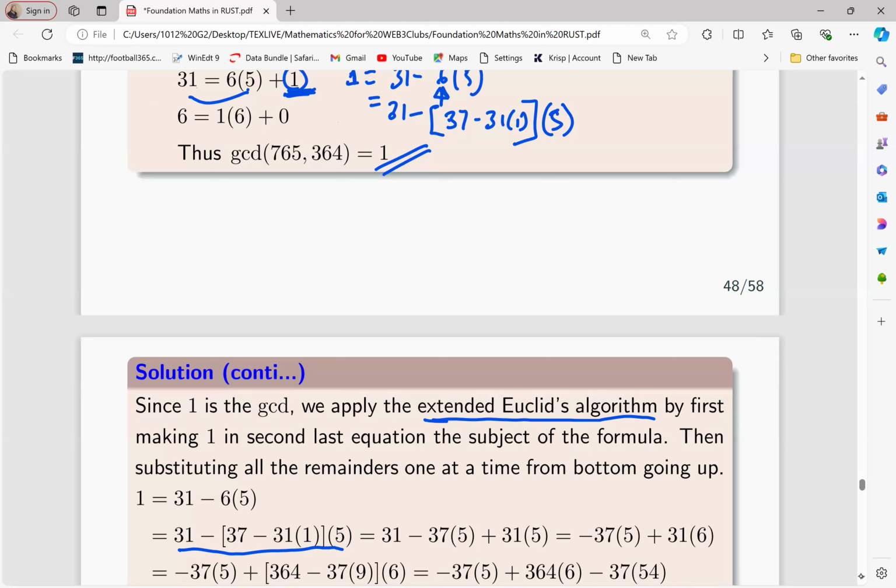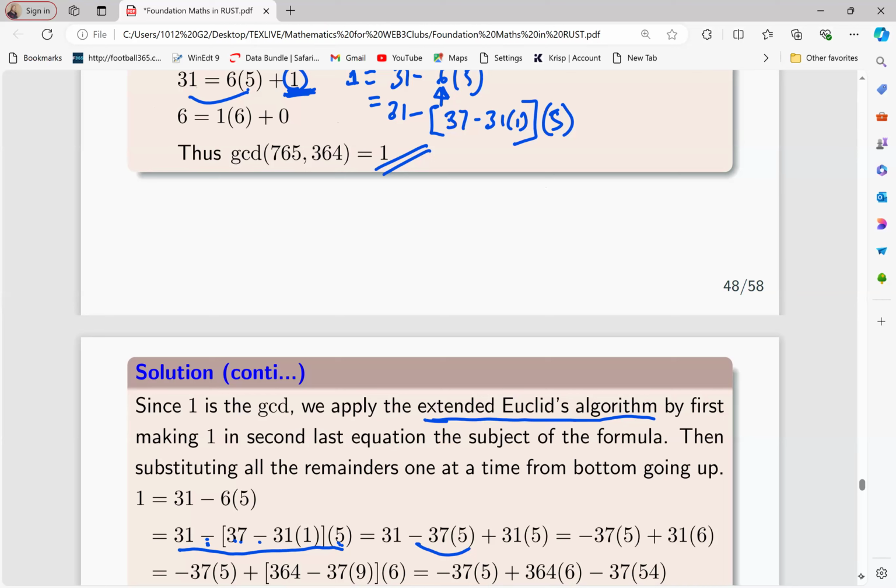Now we open the brackets using this minus and using this 5. Open this bracket. So that 7 times minus 5 would be this. Then there's this minus and this minus.